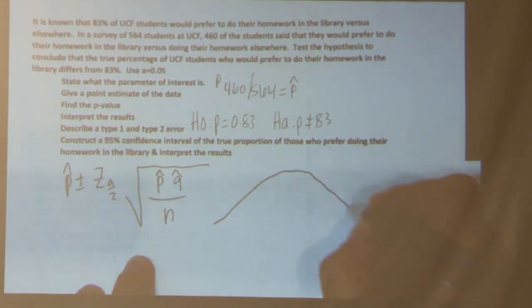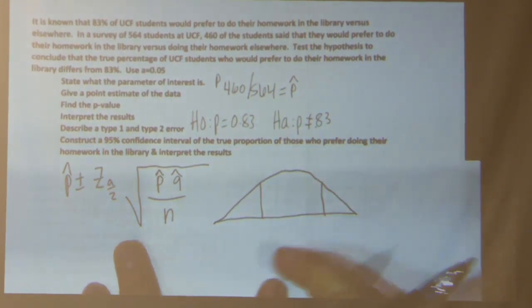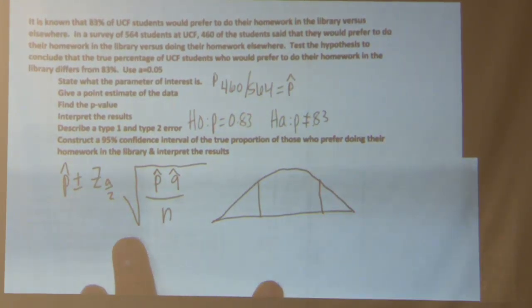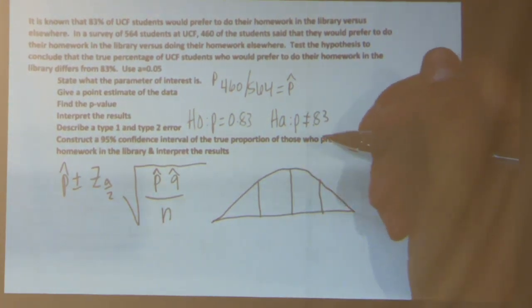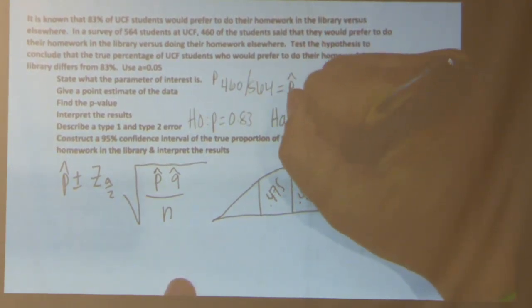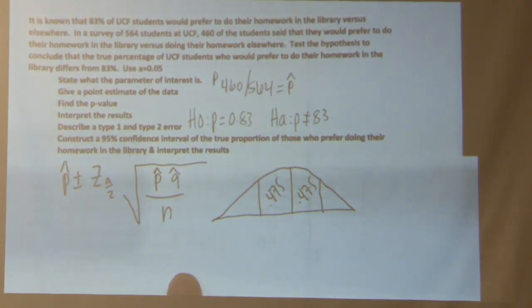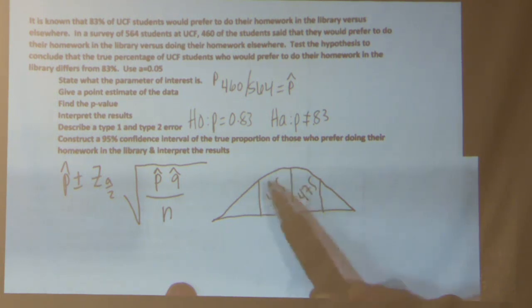So since we have 95% confidence, that means that there's going to be 95% confidence in the center of your graph. So we can divide that in half again and get the 0.475. And if you guys are in Sikora's class, Scott's class, and Udin's, you would look up the 0.475.